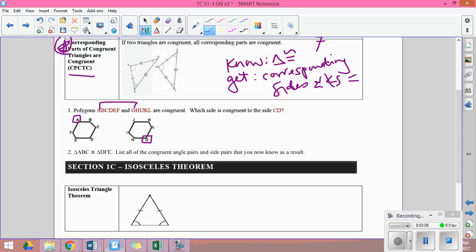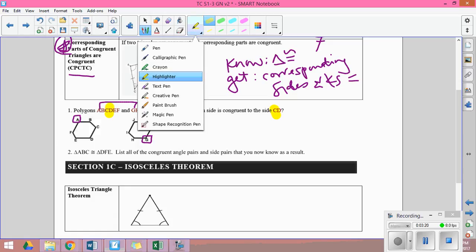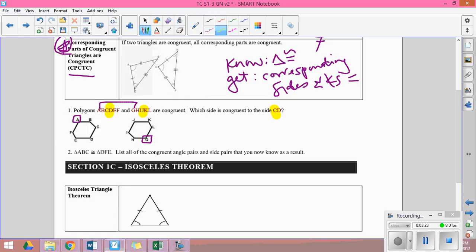So when I go to look for CD, CD is right here in the middle, the third and fourth, and so the third and fourth are IJ. So CD right here is going to correspond to IJ, and the order matters.